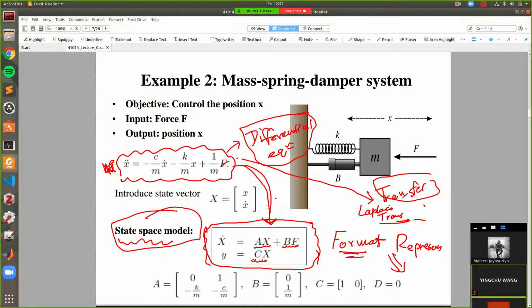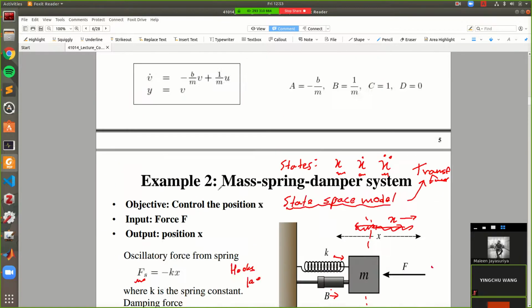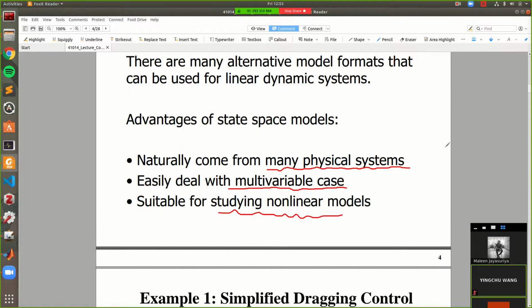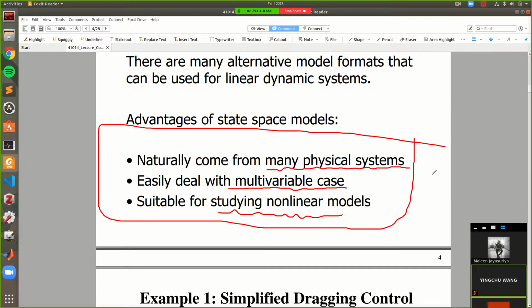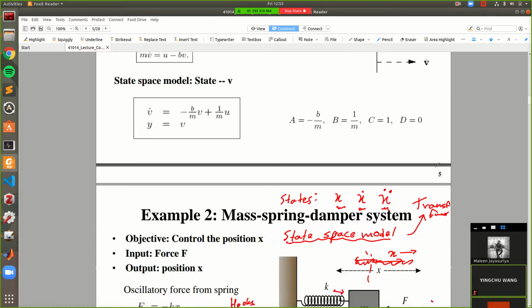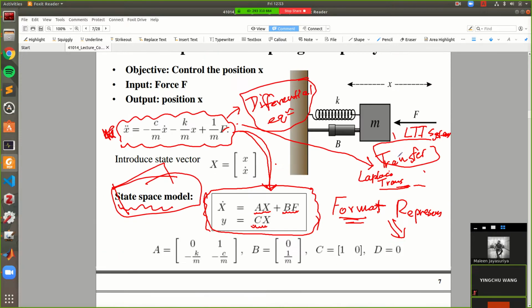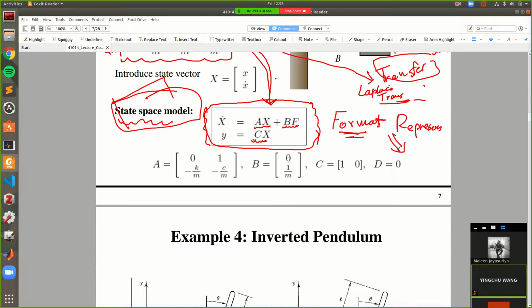But one of the issues with the transfer function is you need what we call linear time invariant systems, LTI systems. But don't worry about any of that. There's a lot to learn about the transfer function representation as well, but we'll really be focusing on the state space model, for the three reasons given in this document. Just keep in mind there are different representations and ways of looking at the same problem.